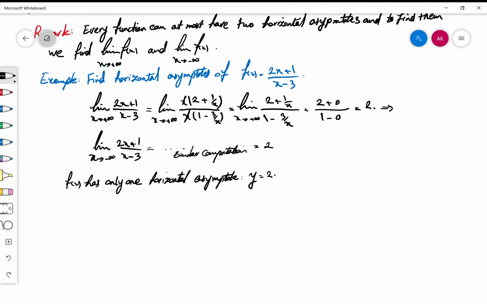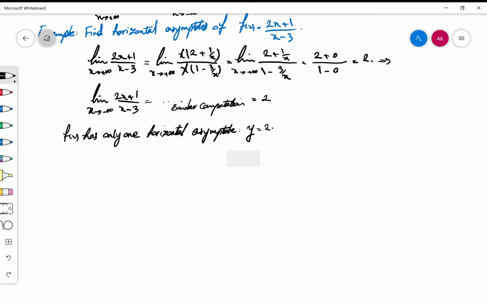Finding the limit at plus or minus infinity in the special case of a rational function is very easy. So let's write horizontal asymptotes for rational functions.